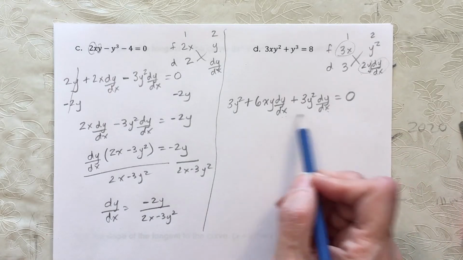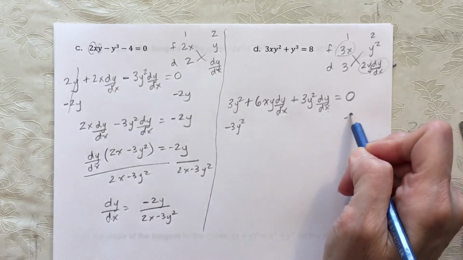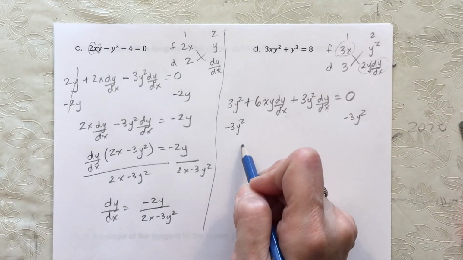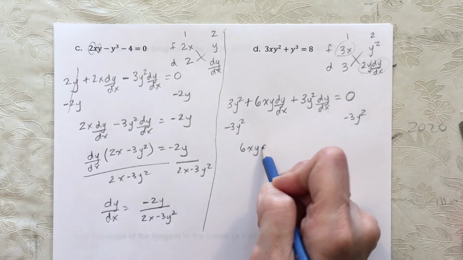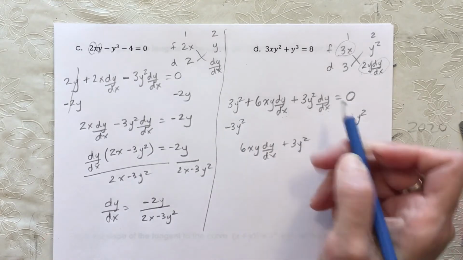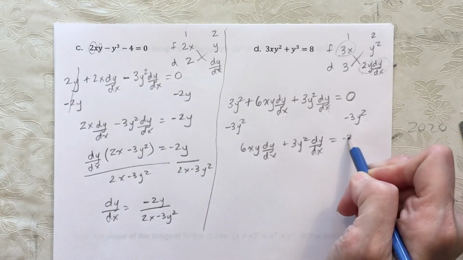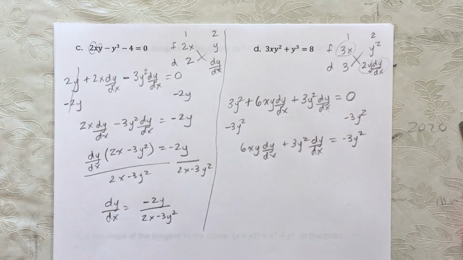So I'm going to keep the terms with dy by dx on the left, subtract 3y squared on both sides: 6xy dy by dx plus 3y squared dy by dx is equal to -3y squared.